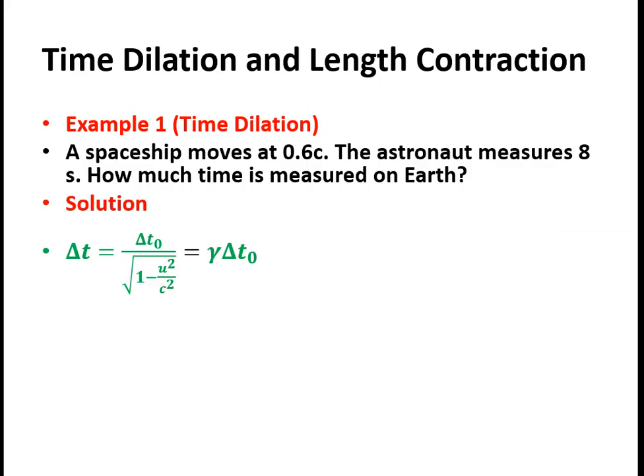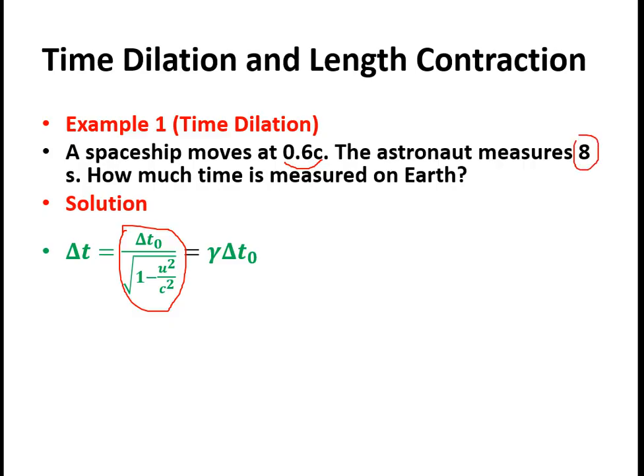Alright, so I am going to start with this very equation. We have here a spaceship moving at this velocity, so this is u. The astronaut measures 8 seconds, so this is t naught.